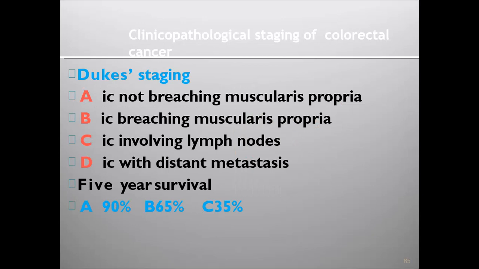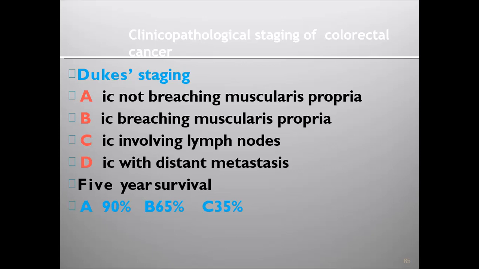There are several staging systems for colonic carcinomas. The primary one is the Dukes. The second, which is most commonly used worldwide nowadays, is the TNM classification. Dukes staging is basically A, B, C, and D. A is not breaching the muscularis propria, and B is breaching the muscularis propria and not involving the surrounding structures.